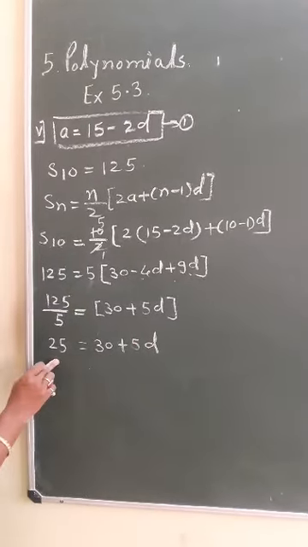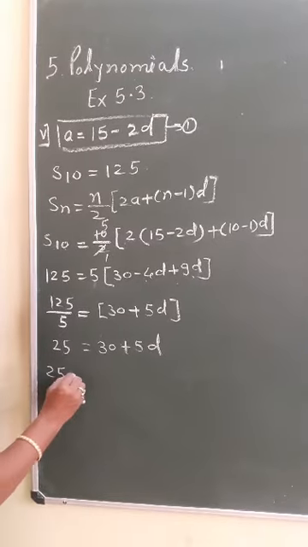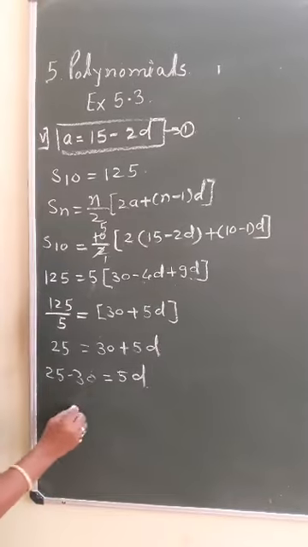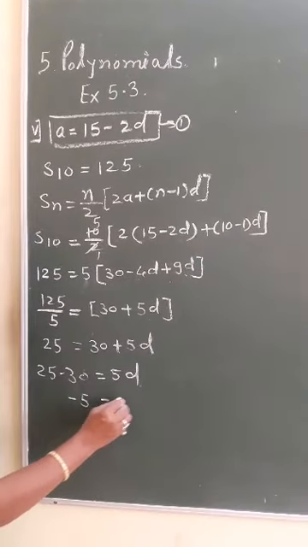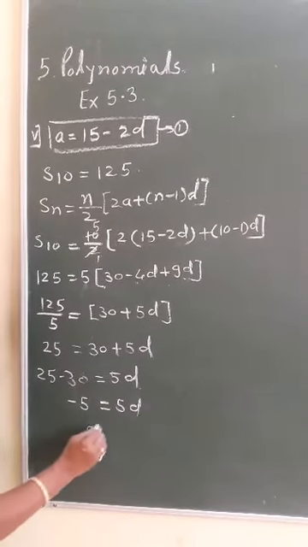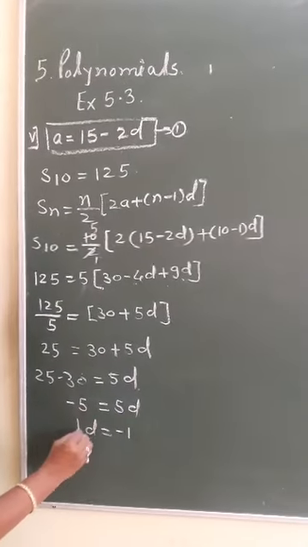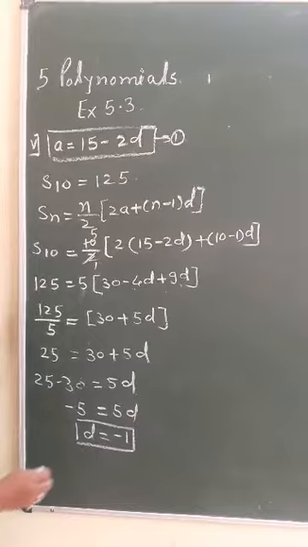We will shift here 30. 25 minus 30 is equal to 5D, and we will get minus 5 is equal to 5D, and the value of D is equal to minus 1. Minus 5 divided by 5 is nothing but minus 1.